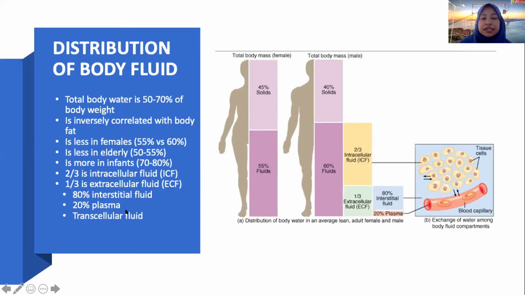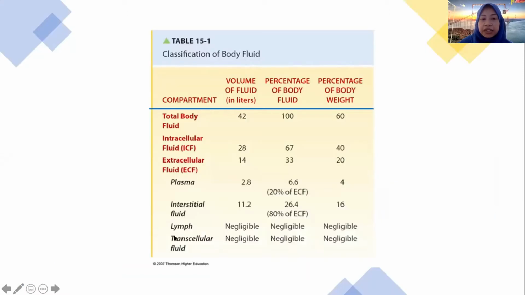Some books make another category, the lymph, under the extracellular fluid as well. However, for both transcellular fluid and the lymph, the volume is usually noted as negligible, meaning it's too little to quantify.